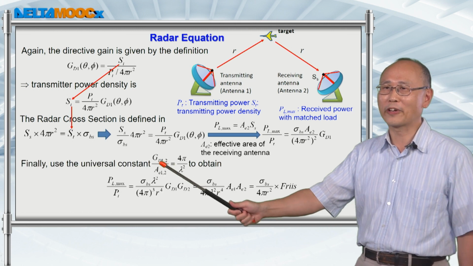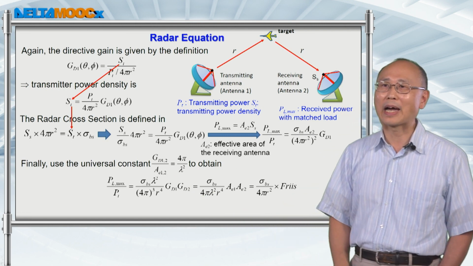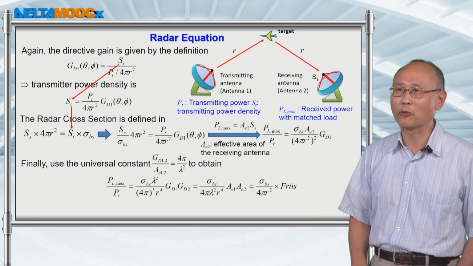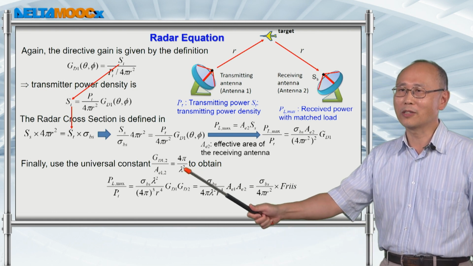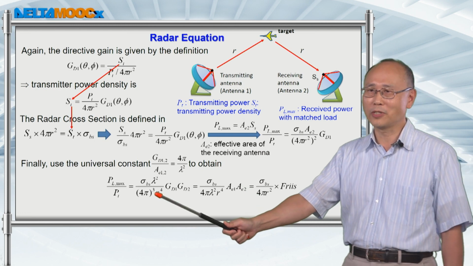Also don't forget the universal constant, which is the directive gain divided by the area, equal to 4 pi over the square of the wavelength. You continue to put this relationship into this expression to get these results.